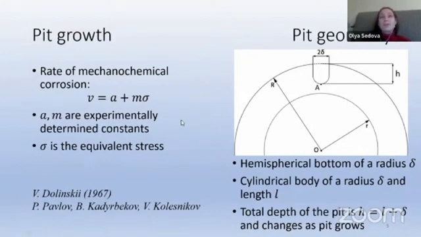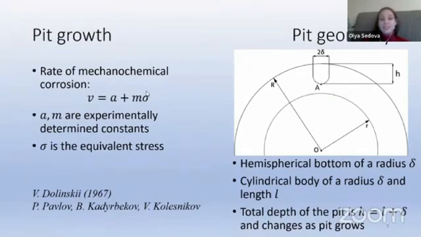There are a lot of models of corrosion, how corrosion accelerates and how pittings exactly grow. We consider the mechanochemical corrosion rule, which means that corrosion rates depend on the stress at the surface of the shell.